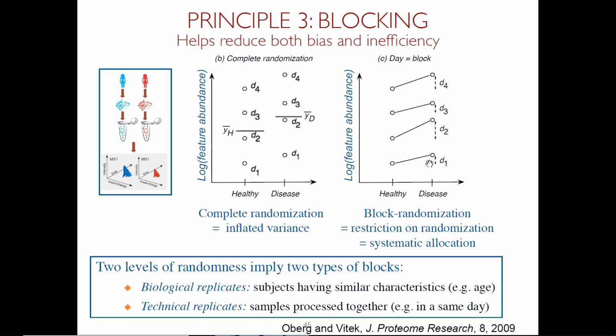And I'm looking at the difference of the pair in day 1, the difference of the pair in day 2, day 3, and day 4, and I see that these differences all point in the same direction. They're always positive in this case, right? So disease is always higher than healthy. And so now your question will be, are these differences systematically positive, or are they fluctuating around 0, or are they systematically negative?